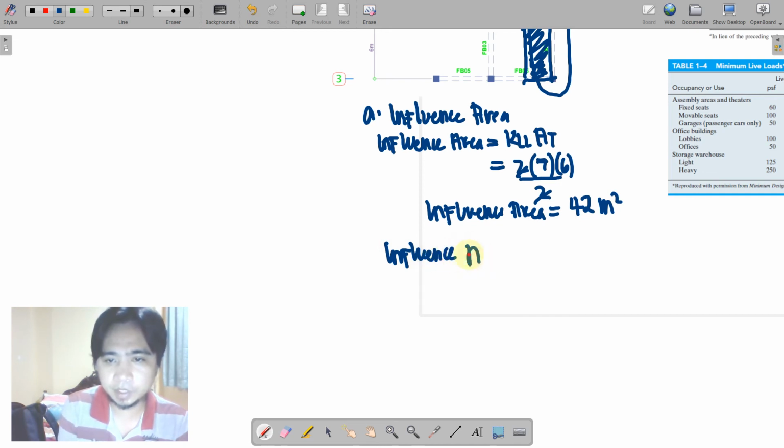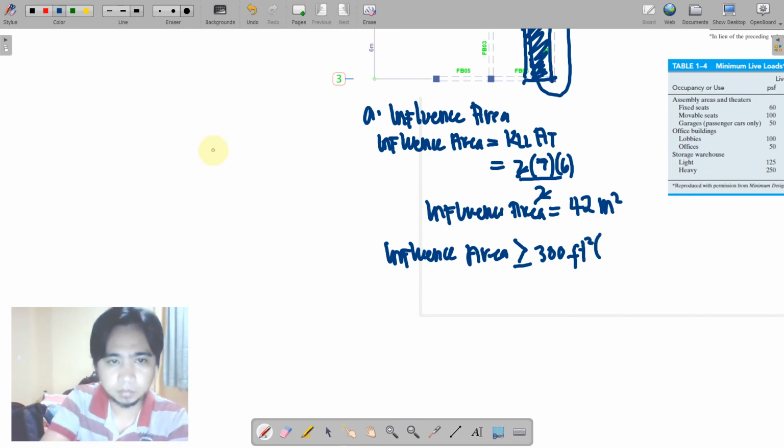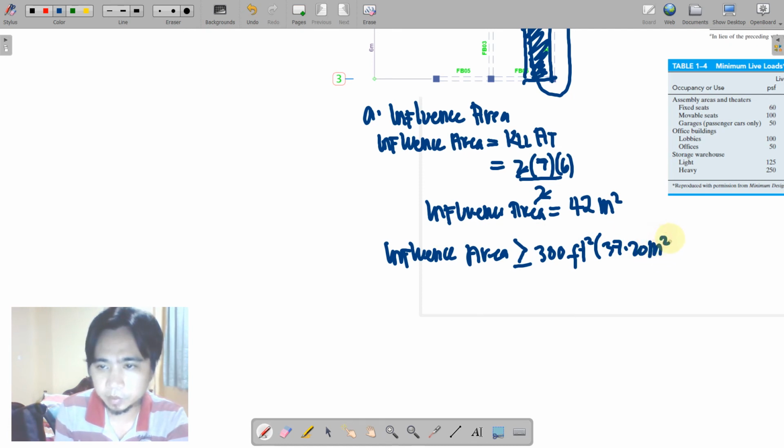The influence area should be greater than or equal to 300 square foot, or 37.2 square meter.